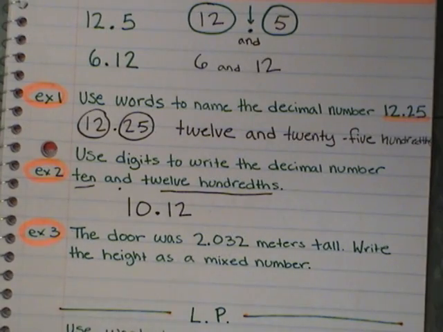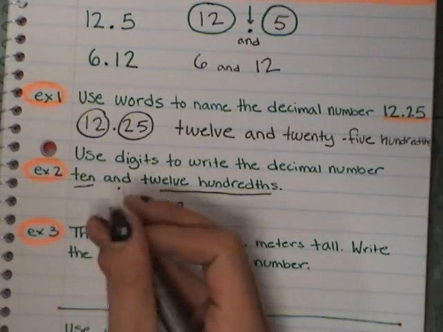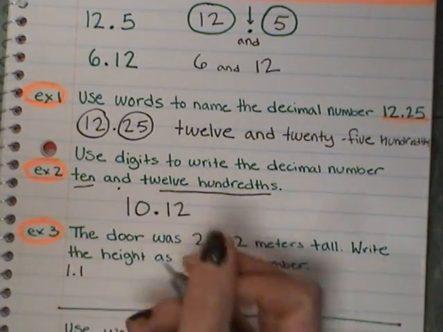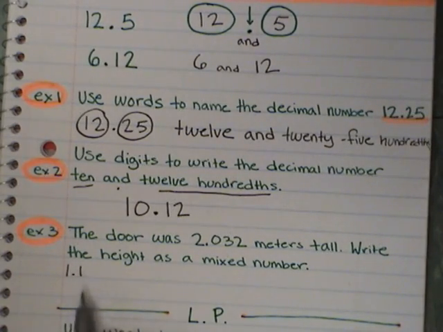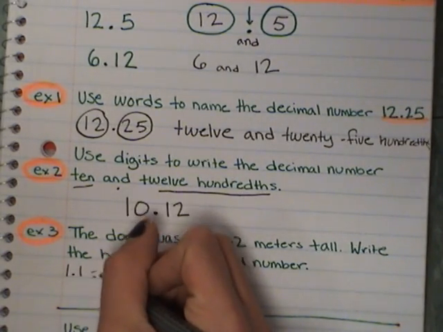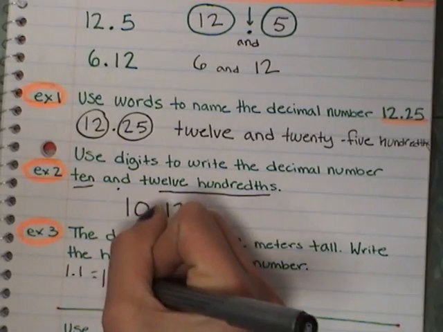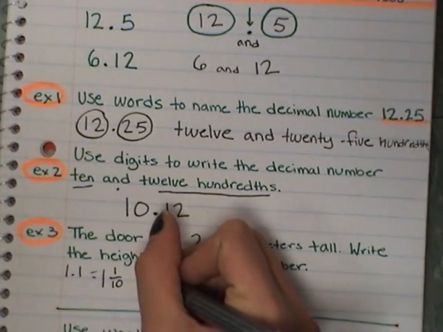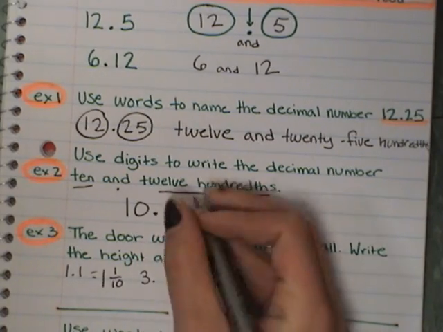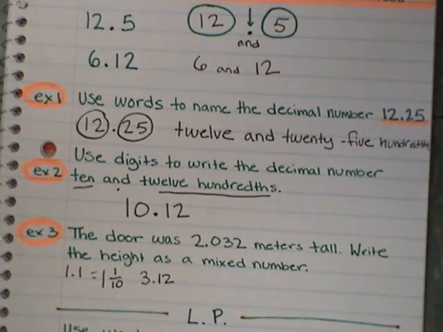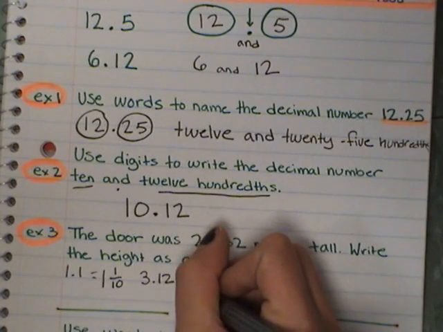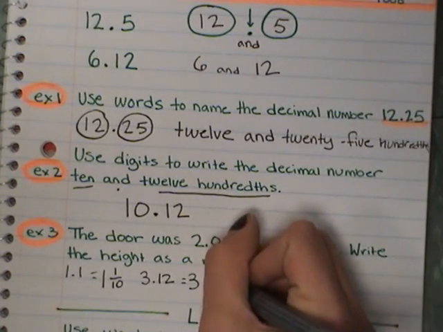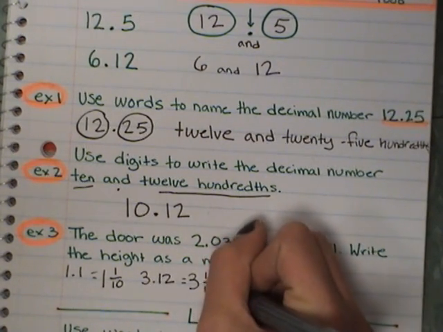Well, if we had one number, let's say it was 1.1, we had one number after the decimal point, we turn this into 1 and 1 over 10, because it's a tenth. If I had 3 and 12 hundredths, I took 3 as my whole number, and then 12 hundredths, 12 over 100.